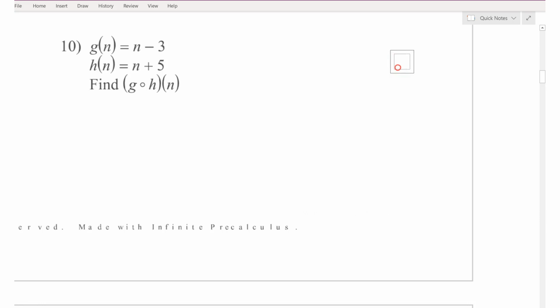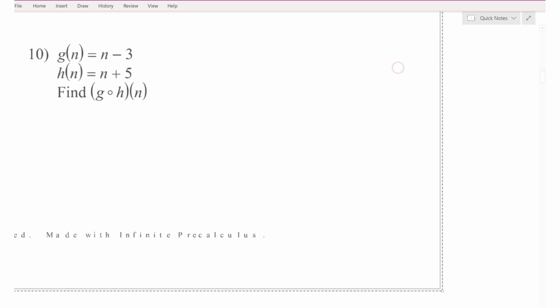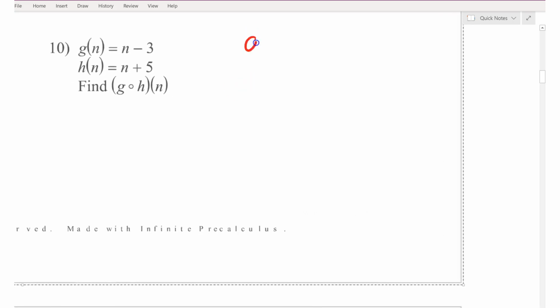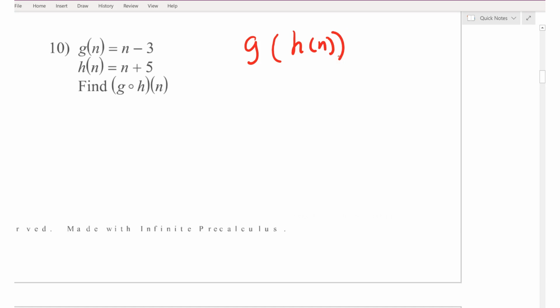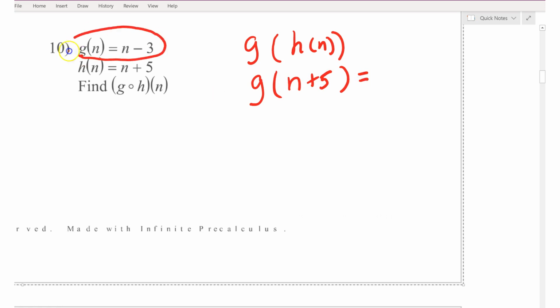For number 10, we have g and we have h of n. So the input is h of n, and that's going to go into g. So we have g, your input is h of n, which is n plus 5. So you're going to look at g.